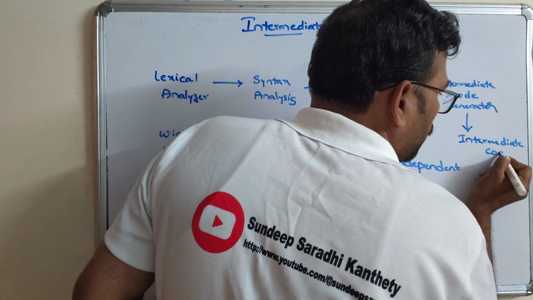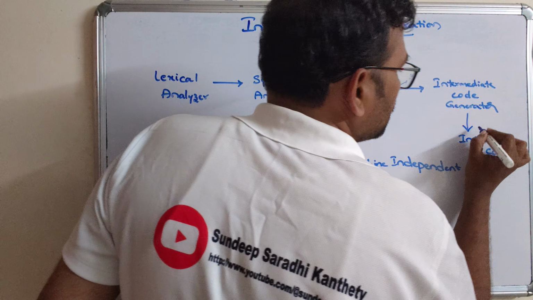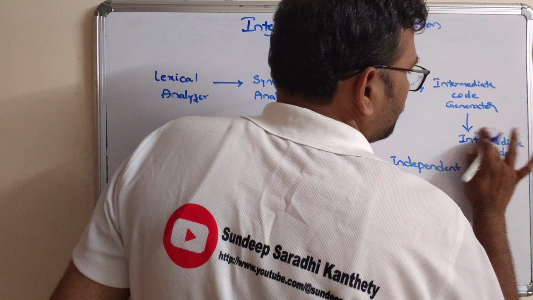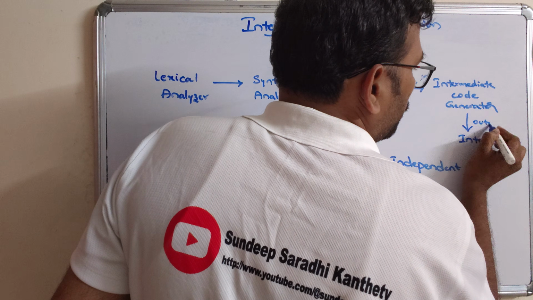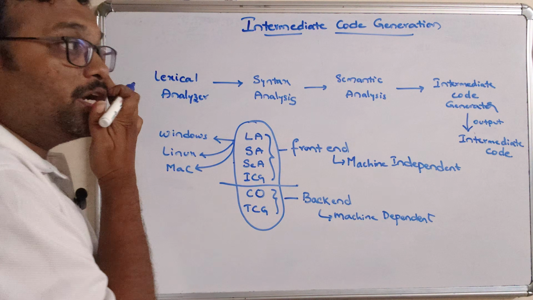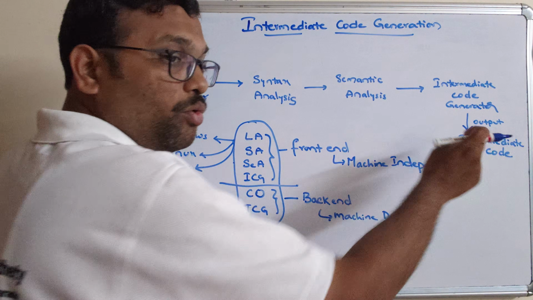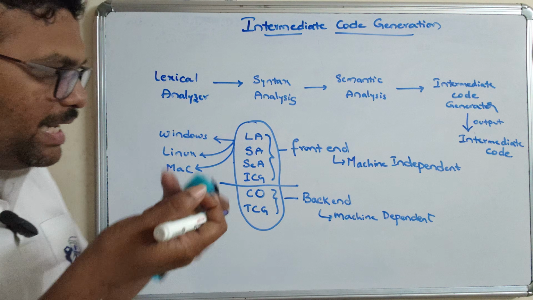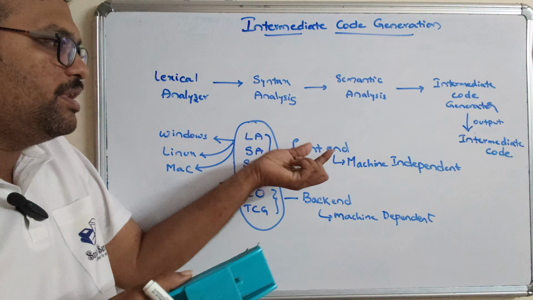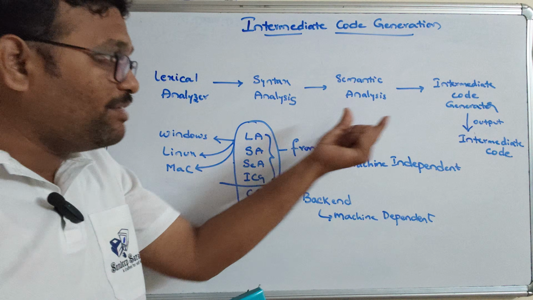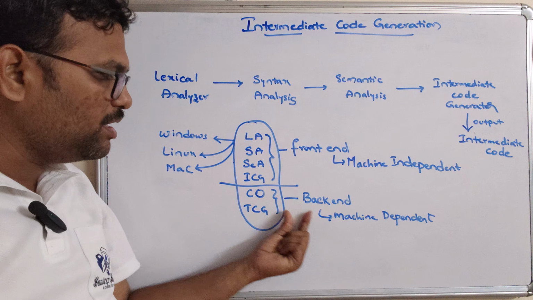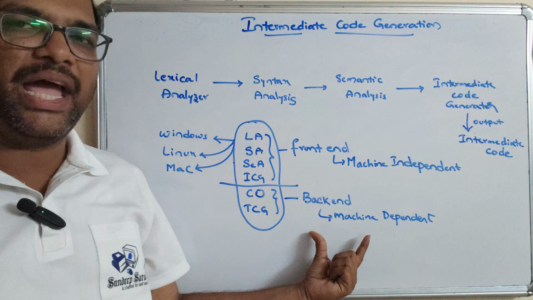The output of the intermediate code generator is the intermediate code. It is the bridge between the front end and the back end, and it is the input for the first phase of the back end.